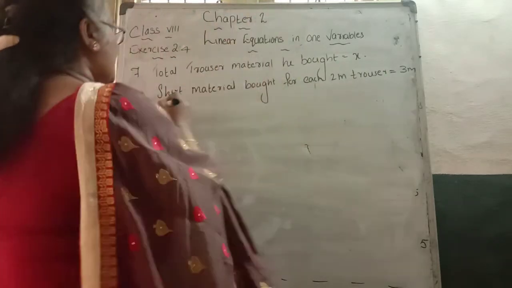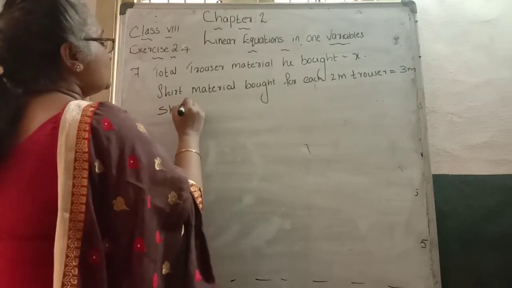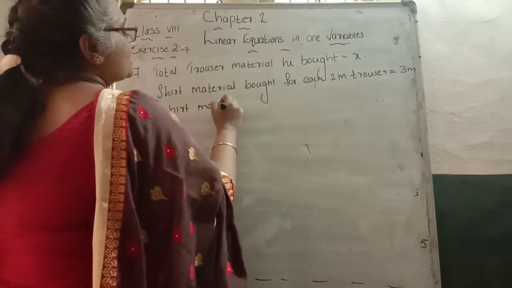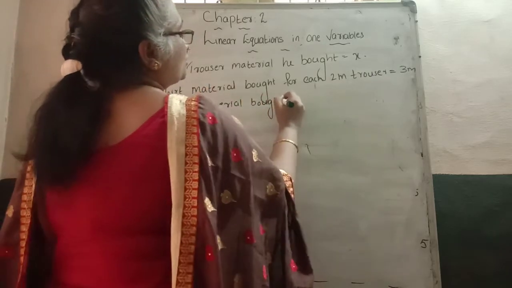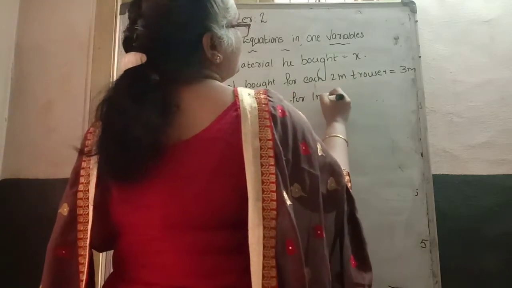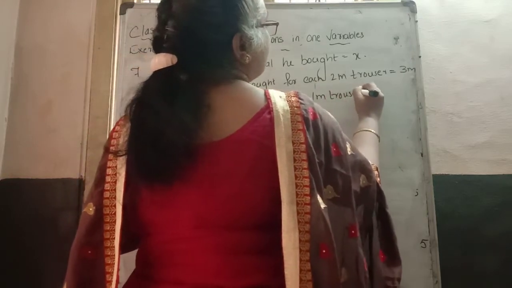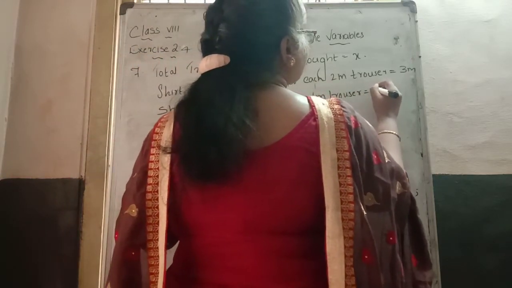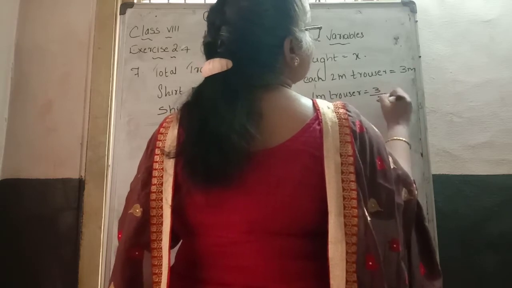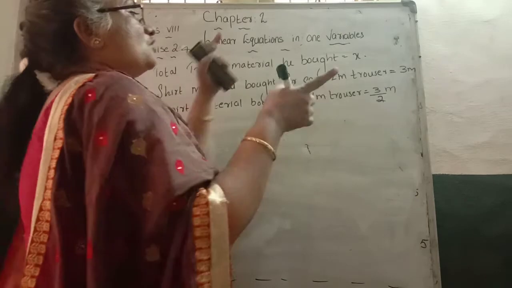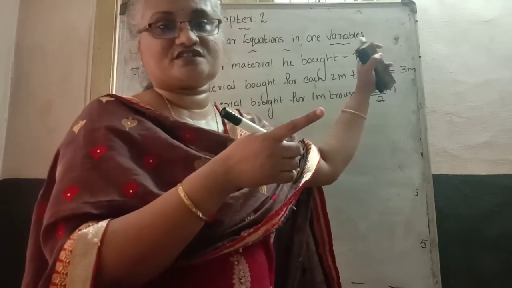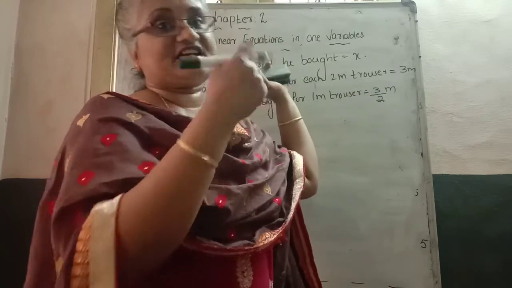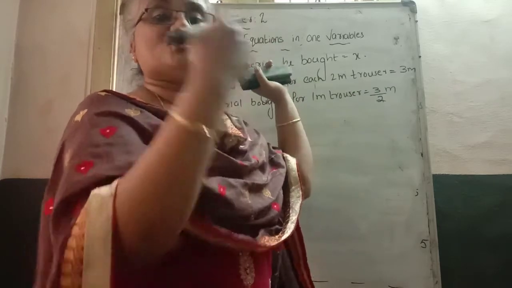Next step. The shirt material bought for 1 meter of trouser material is equal to 3 by 2 meters. In the same way, how much trouser material did he purchase? x meters of trouser material. The exact value we don't know, so we consider an alphabet x, and we want to find x.